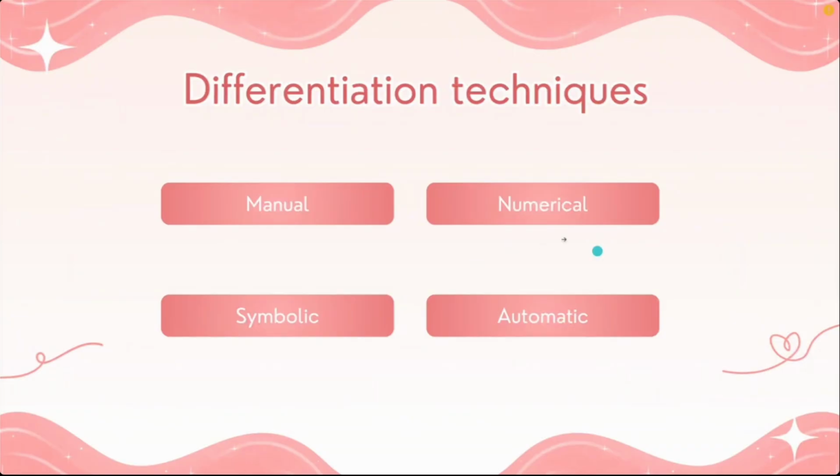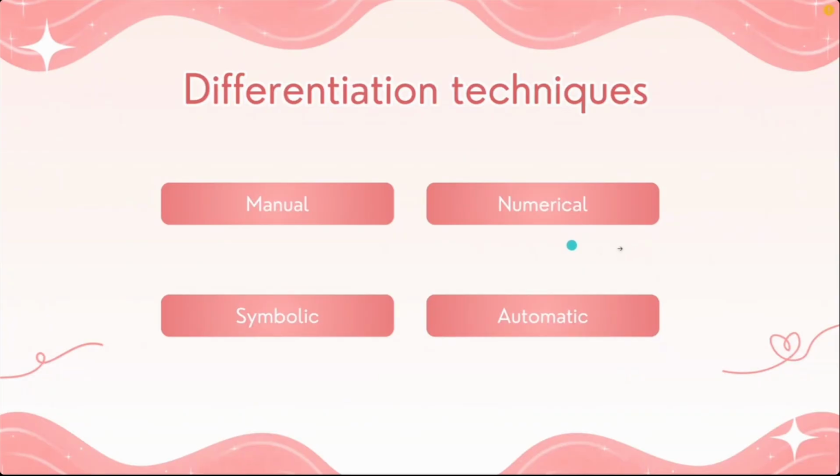There are actually three ways to differentiate, but I have written four because manual is here to understand how you can manually calculate the derivative of a function, but it's not something you use or find in any deep learning framework.